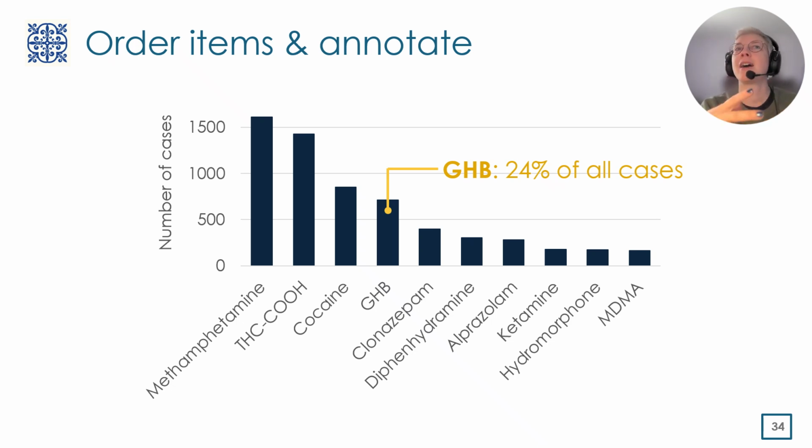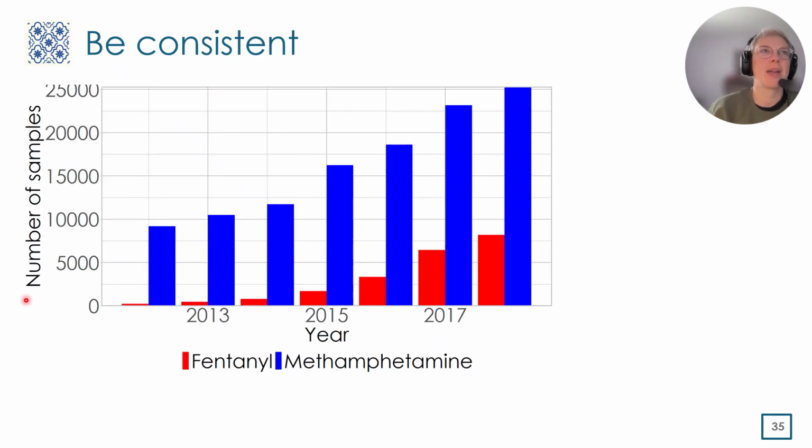So you see how I present the full graph and then I add an annotation that makes my main message very clear. And by the way, yes, that's real data from a few years back in our lab. So we used to have a lot of GHB in our DUI cases.